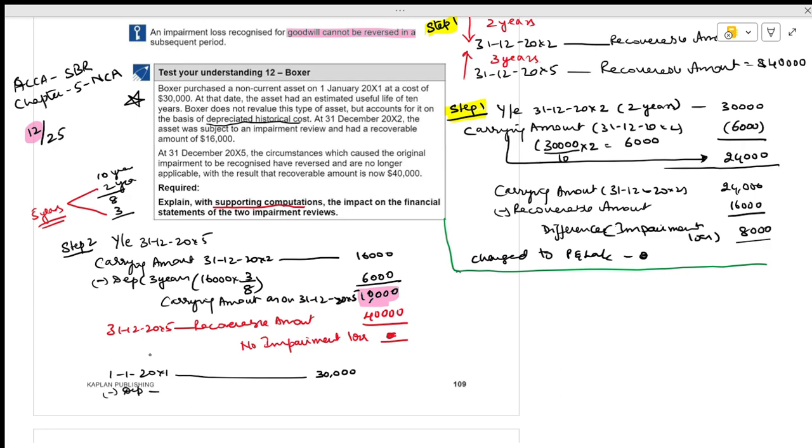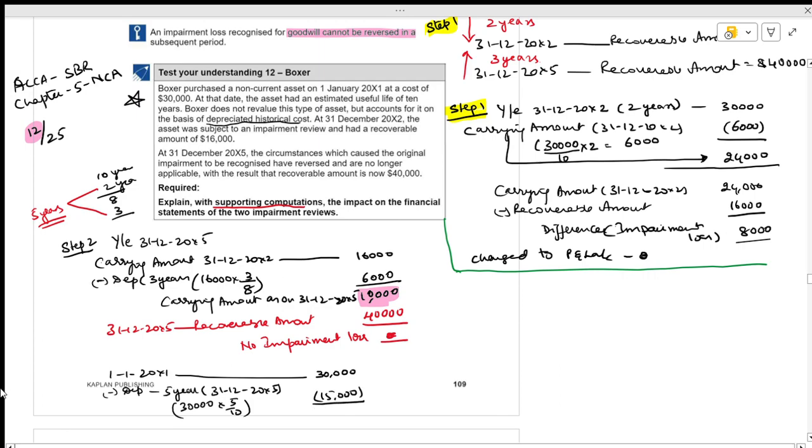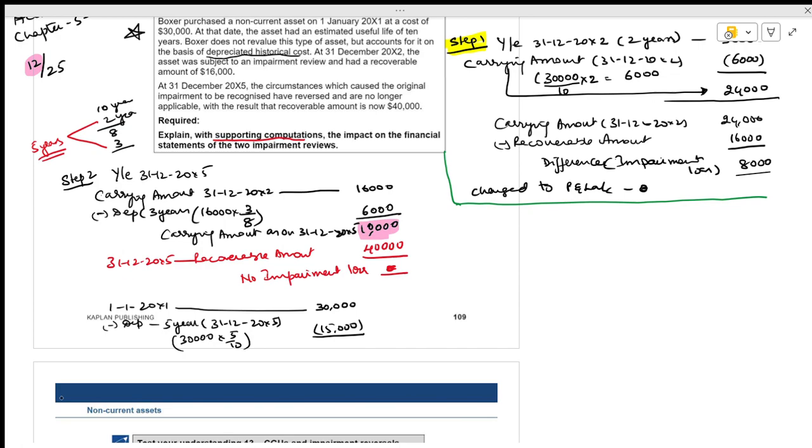Depreciation for how many years? 5 years, up to 31/12/2005. 30,000 times 5 by 10 comes to 15,000. This is the carrying amount as on 31st December 2005.